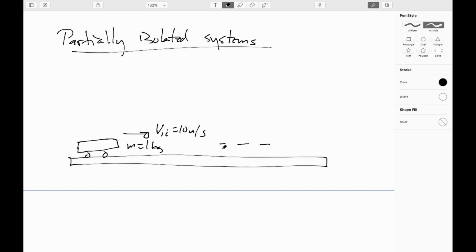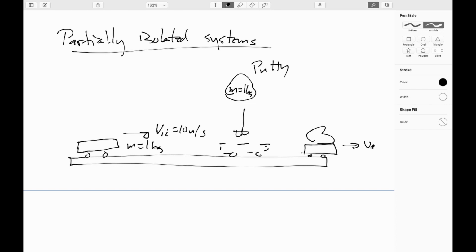And then when it gets right here, a blob of putty that was also 1 kilogram falls down and lands on the cart. Afterwards, when the putty sticks on the cart, I would like to know what is the final velocity.